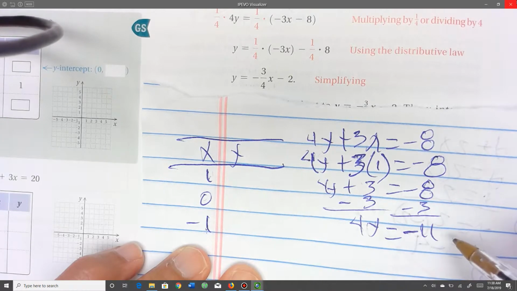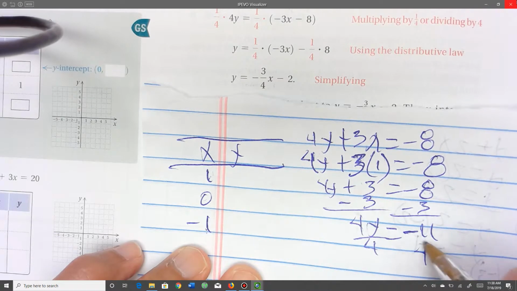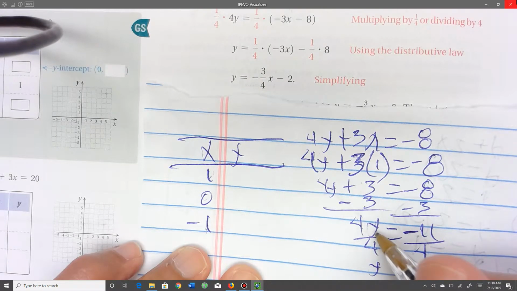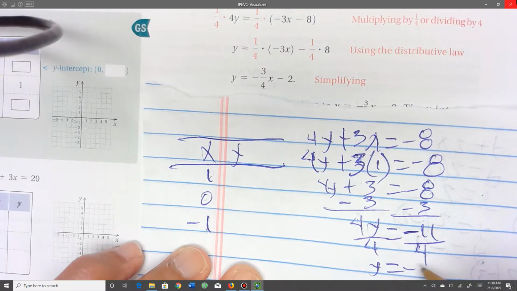That's -11. Here I use the multiplication principle, divide both sides by 4. 4 divided by 4 is 1 times y is y, and that is -11/4. So yeah, it did give me a fraction there, and that's not gonna work.